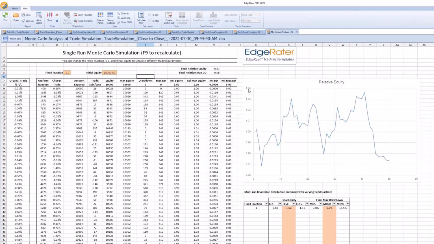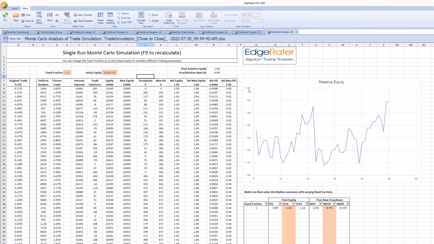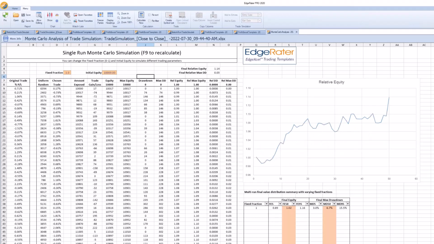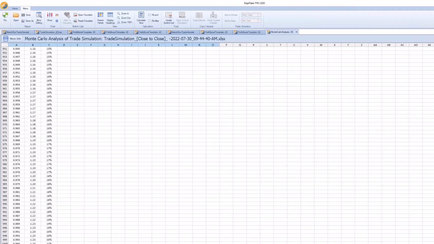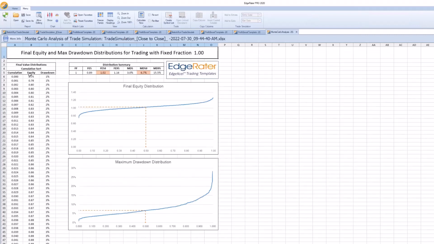But it's building up a picture every time you do this and storing that result in a list, essentially. And what you end up with is something like this. So this is taking all of the 1,000 simulations, and it sorted them by their FE number, final equity number, and then plotted that on a chart.